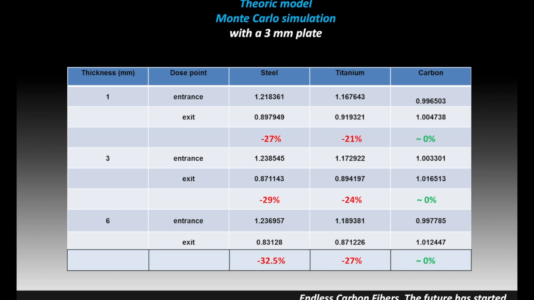It means that the difference between the dose at the entrance and the exit point is almost the same with carbon, if we consider a thickness of 1, 3, or 6 millimeters. But if we consider steel or titanium, there is a big retention of dose.